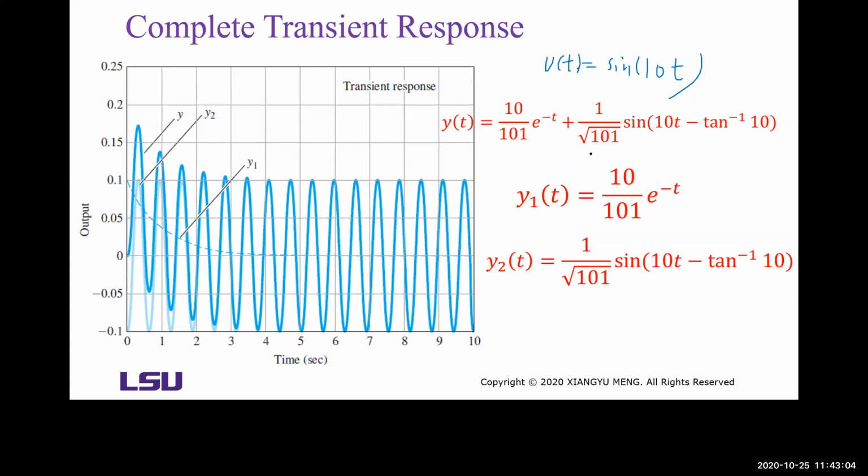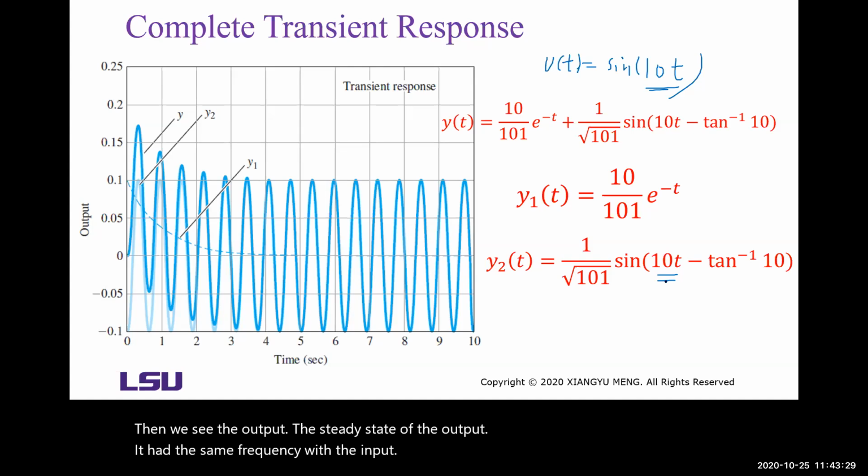You see in the steady state, if we only look at the steady state, when the time is very large, then we see the output, the steady state of the output, has the same frequency as the input. That will be 10. Then the phase will be different.